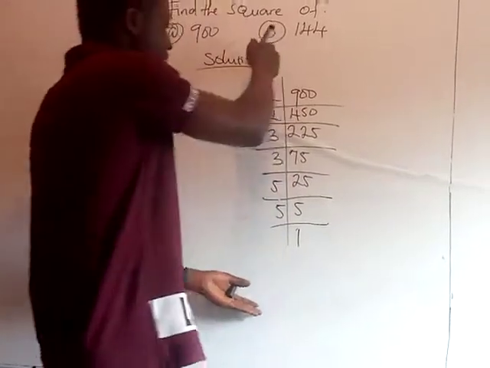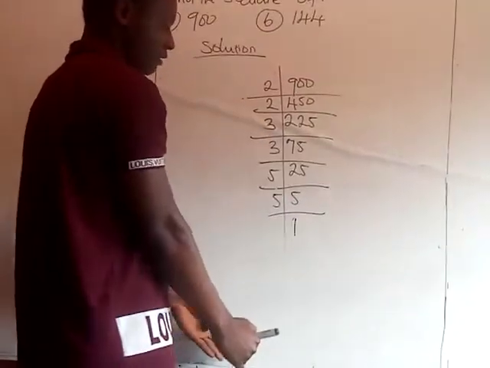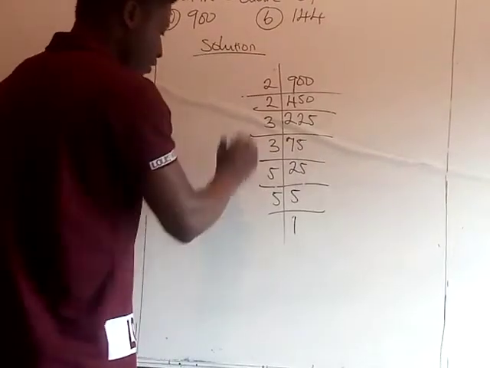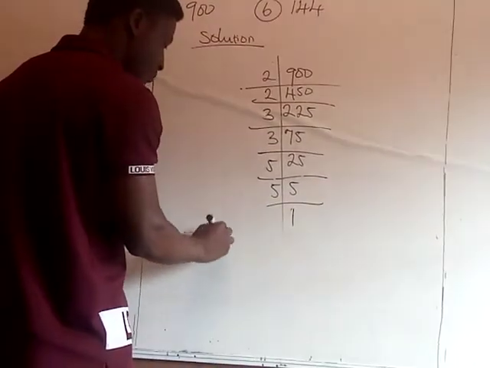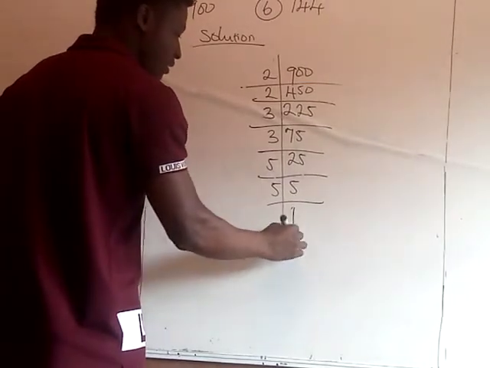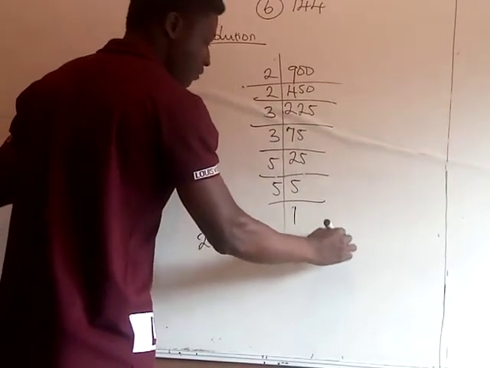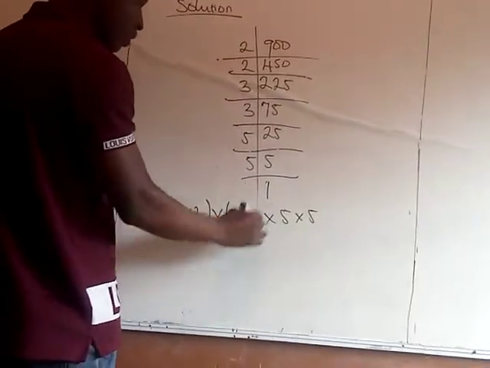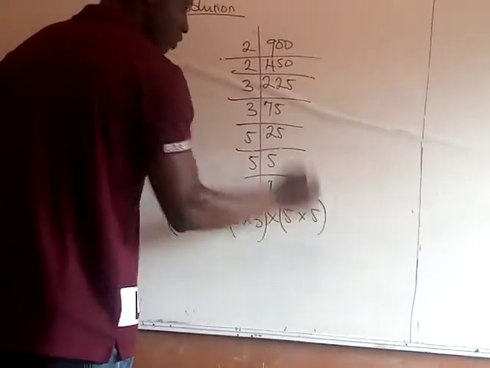So now you arrange all these prime numbers. So for you to be able to sort out the square root, this will become 2 times 2 times 3 times 3 times 5 times 5. So you group them in groups of 2's because we are finding square roots. Okay?